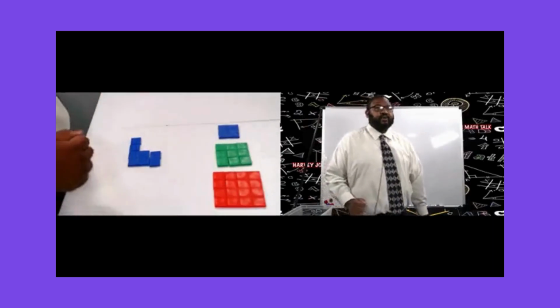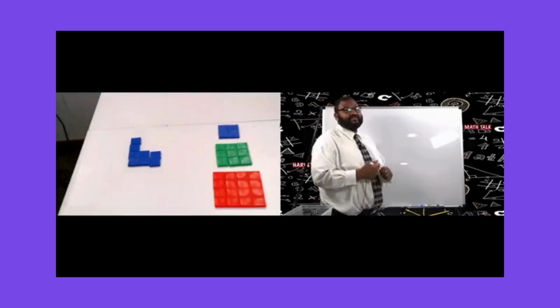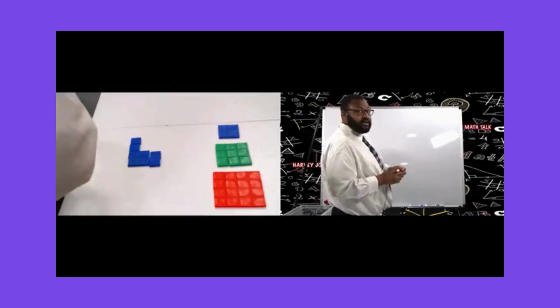Let me get it on the screen for us. So if somebody asks you, what is a perfect square? This is what a perfect square looks like right there, and that's what it looks like as a picture.